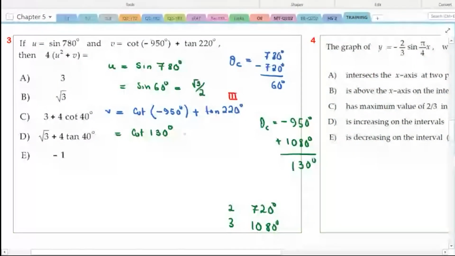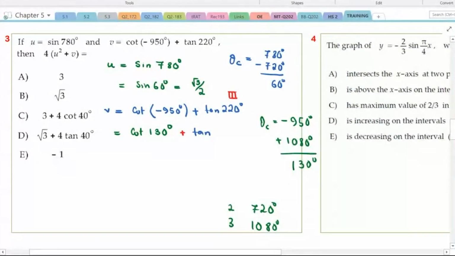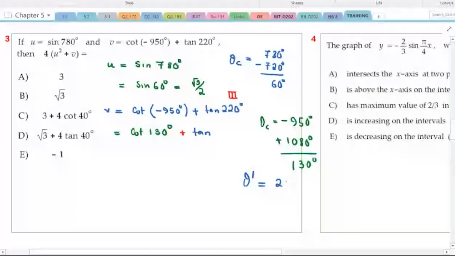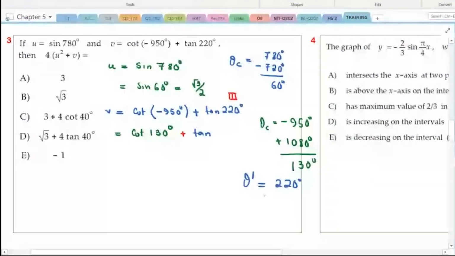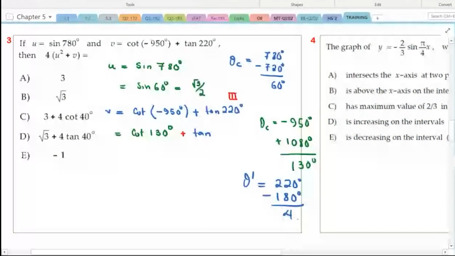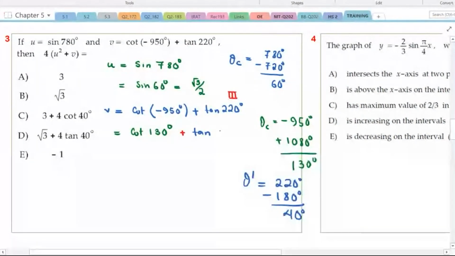So we are going to say plus here, tangent of, what is the reference angle of 220 degrees? The reference angle is equal to 220 degrees minus 180 degrees in quadrant number 3. And the answer is going to be equal to 40 degrees. So this is going to be tangent of 40 degrees.